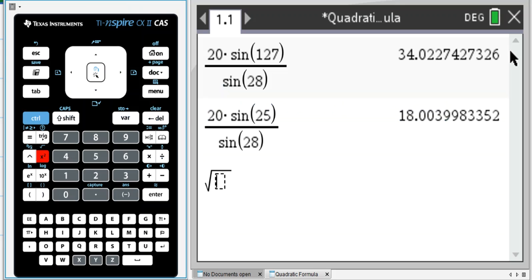So I'll type in my square root first, and then I'll just copy everything that was written on paper. So we want 21 squared plus 29 squared. Out of habit, I went back and put the parentheses around those numbers.